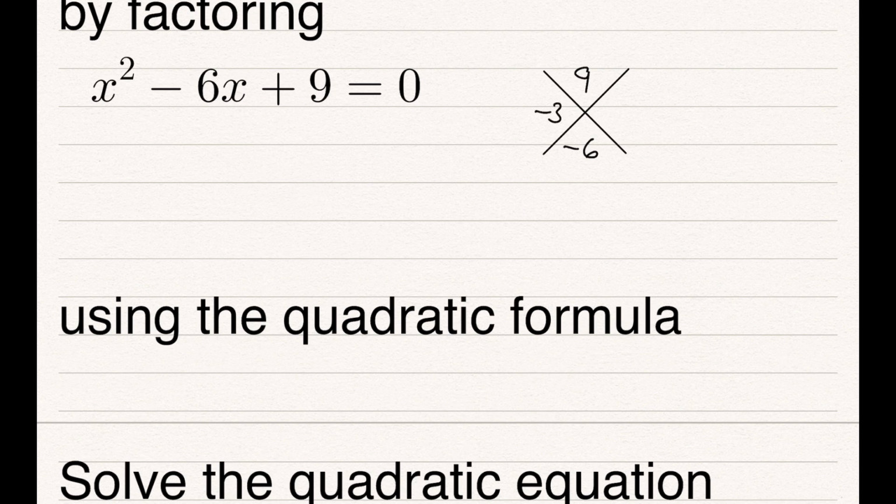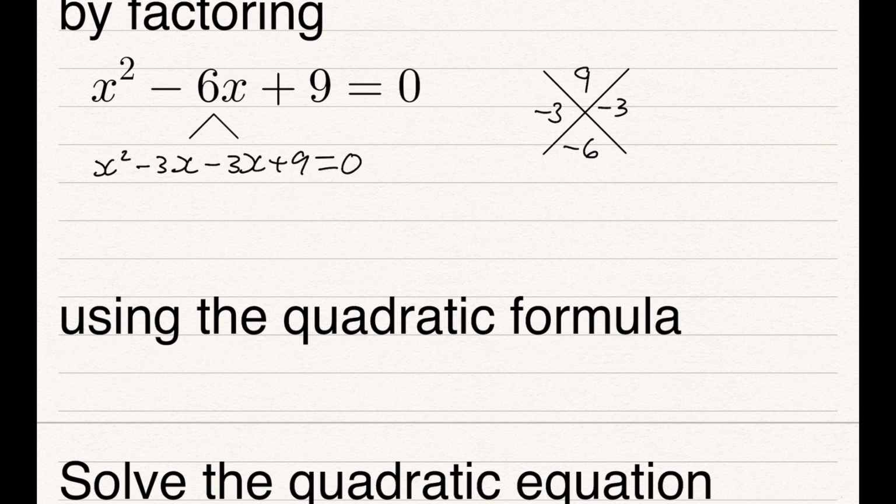That's going to be negative 3 and negative 3. A negative times a negative is positive, so that gives us positive 9. And we add them together, we get negative 6. We're going to rewrite our equation as x squared minus 3x minus 3x, and note that those give us negative 6x, plus 9.